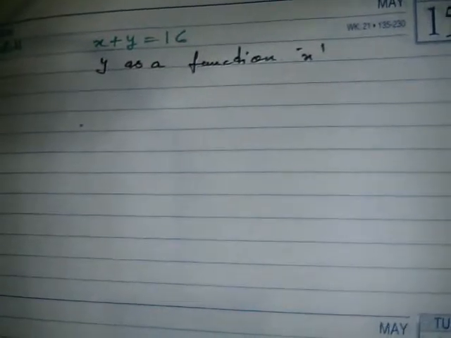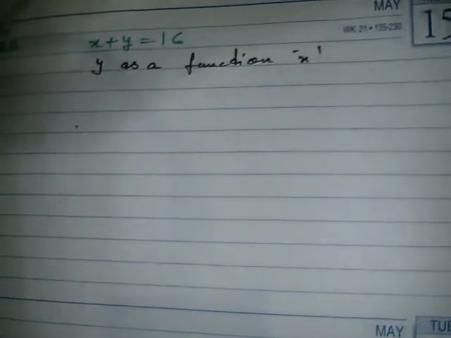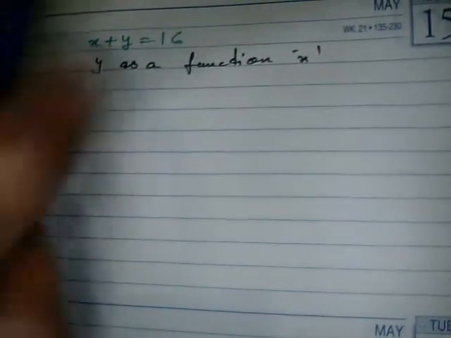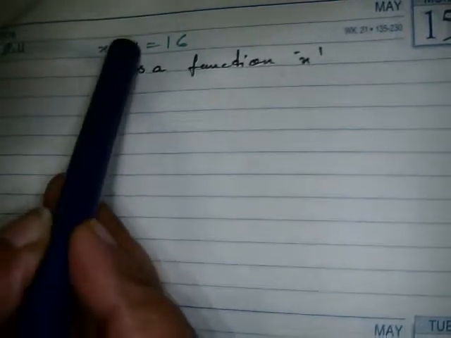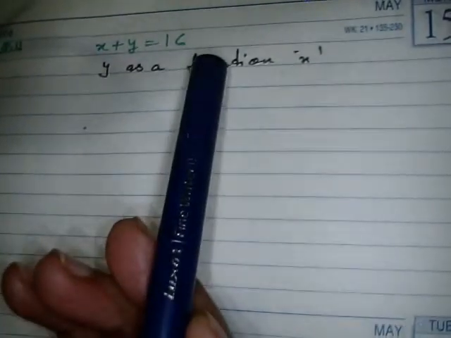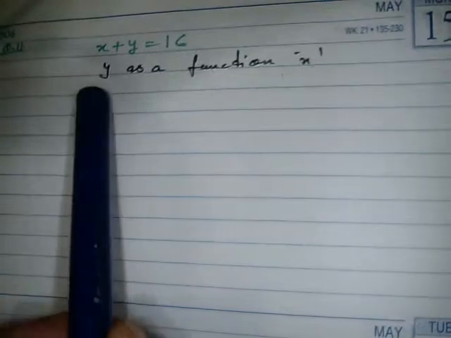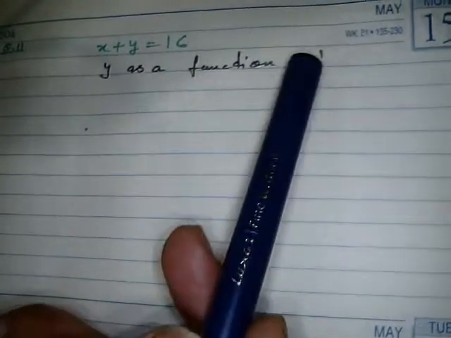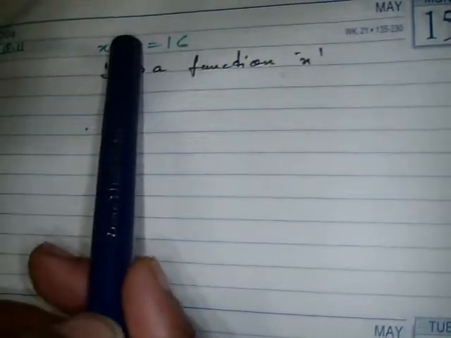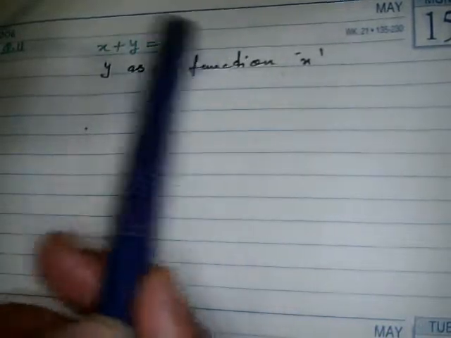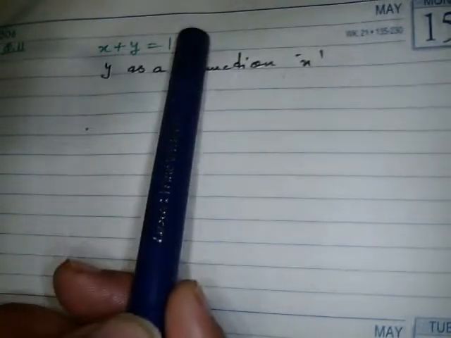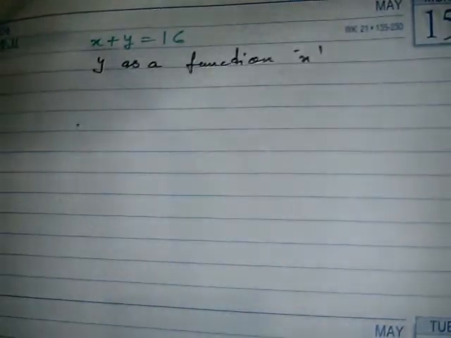So what I need to do is write y in terms of x. When it is asked y as a function of x, it means y should be on the left side and all the terms related to x should be shifted to the right side. So I am going to shift.